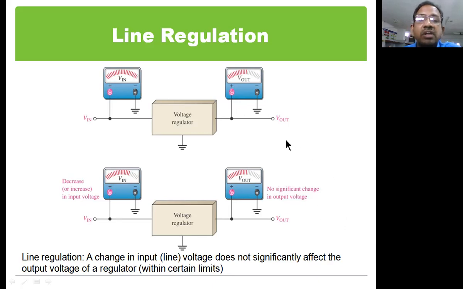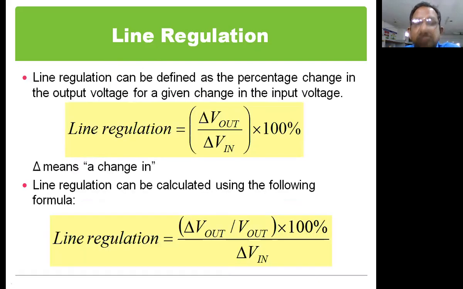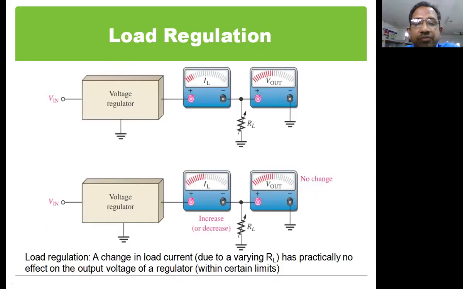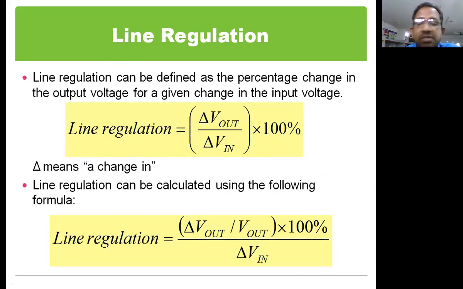This type of regulation is known simply as line regulation. Line means the input line. Then the second concept is load regulation. But before that, let us go with the basic mathematical equation to represent line regulation. Line regulation deals with changes in the output voltage with respect to changes in the input voltage. That is what is called line regulation.